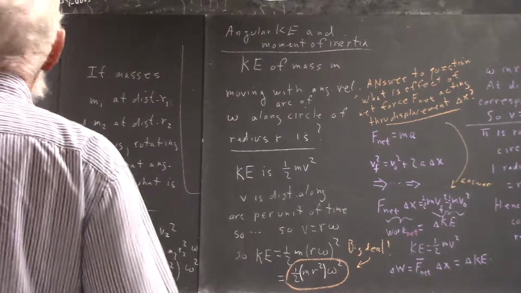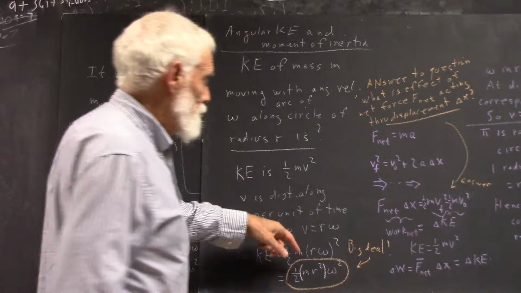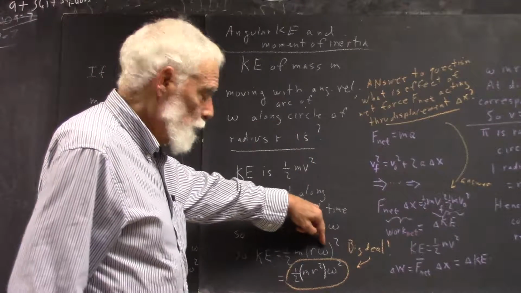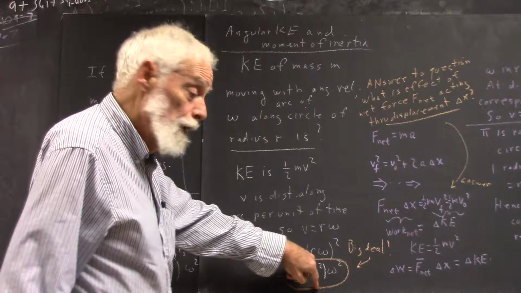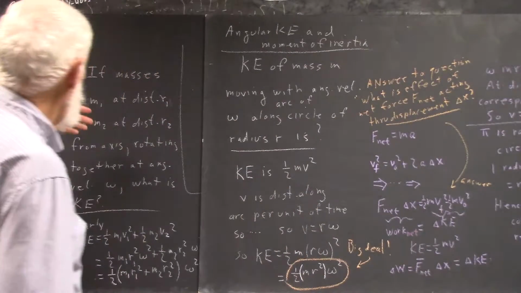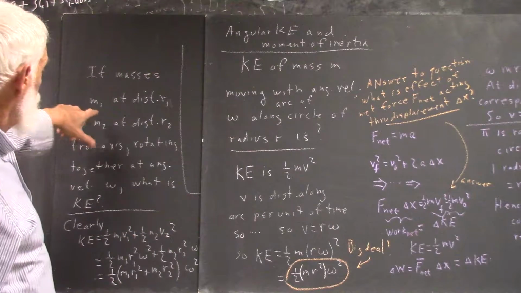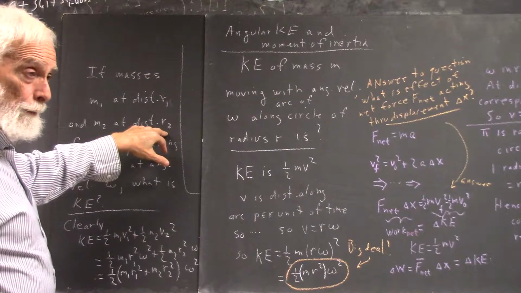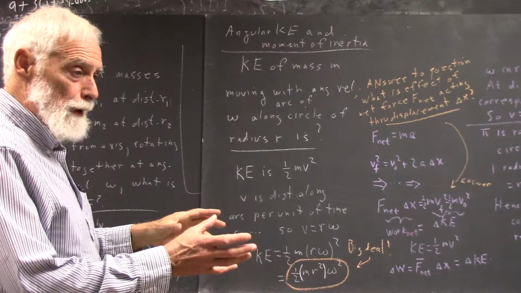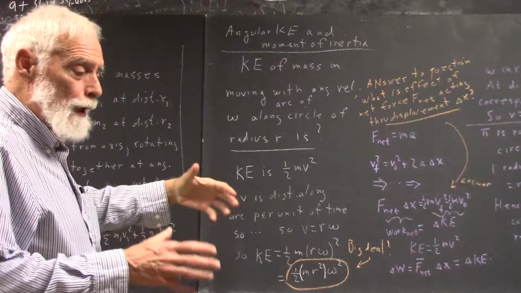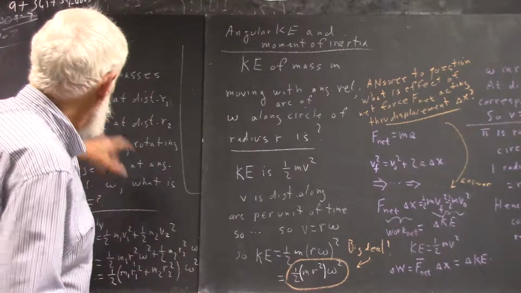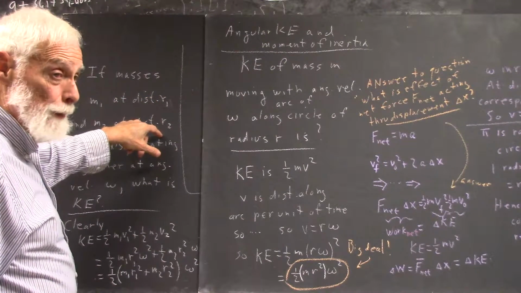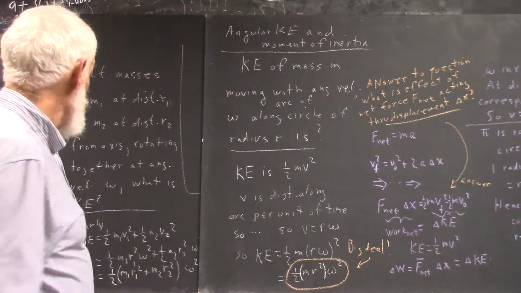Now, if the kinetic energy of mass m at distance r on a circle of radius r, moving with angular velocity omega, is this, then what's the kinetic energy of masses m1 at distance r1 and m2 at distance r2, let's say sitting on the same beam or in some way on the same object that's rotating about some axis, so that these two masses are always rotating at these respective distances from the axis of rotation?